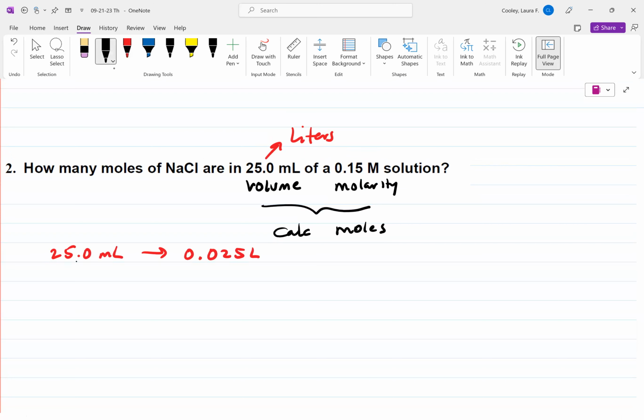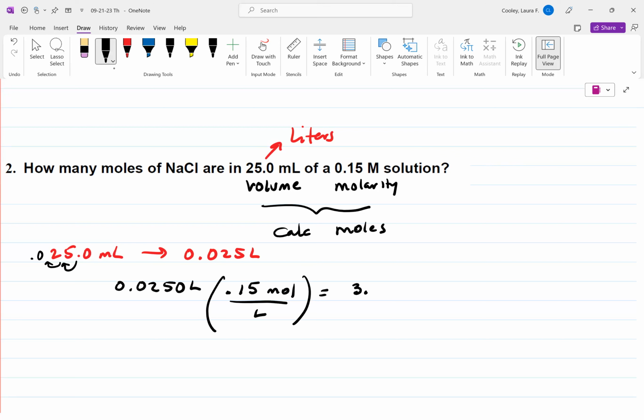Because you move the decimal point 1, 2, and 3. So then it's simply 0.0250 liters times 0.15 moles per liter. And it's really just multiplication here.